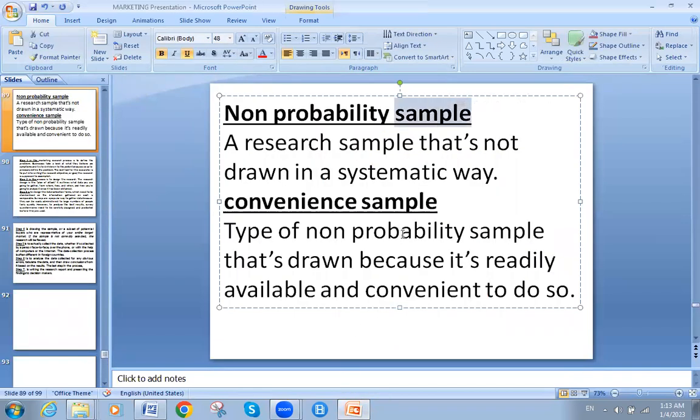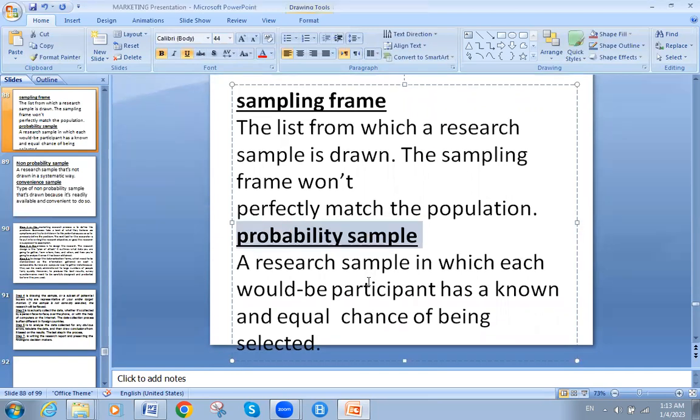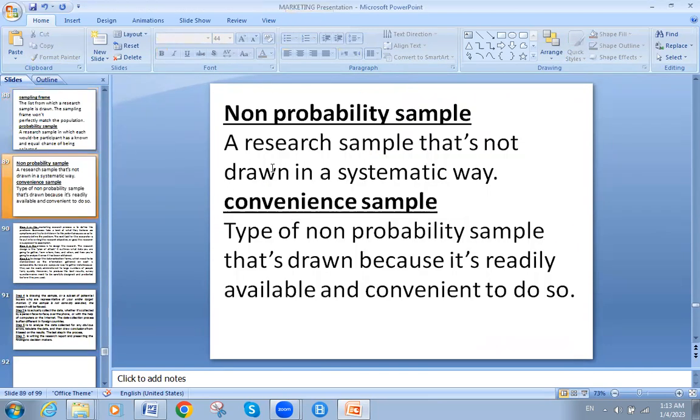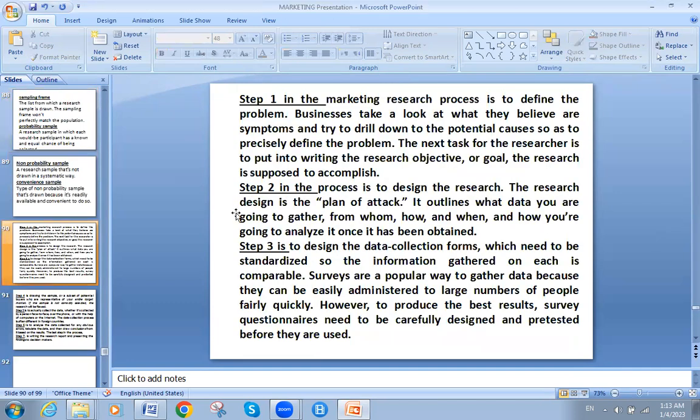What is the sample and how we will use it, what kind of sample we will use. Are we going to use the probability sample, or the non-probability sample, or the convenience sample? In all the cases, we will decide before we start our research. Once we did the research, we gather the data, then analyze the data, then write the research report based on the data which we collected.